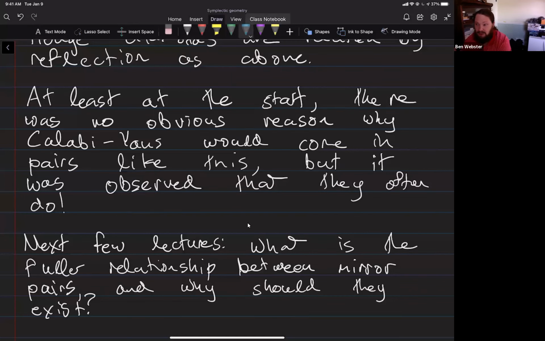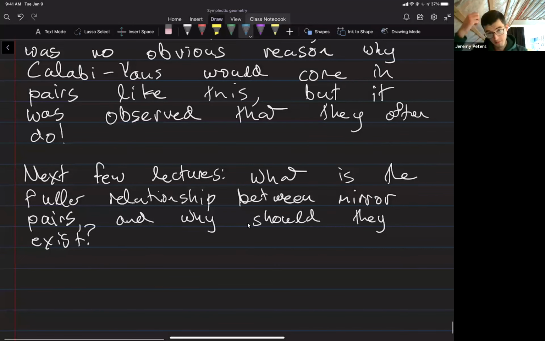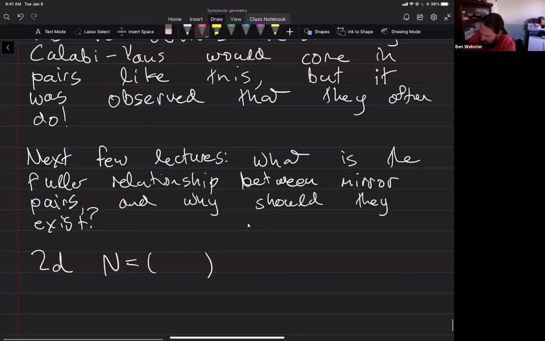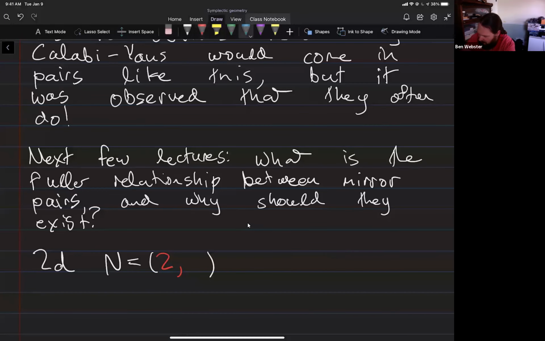But yeah, this is all about, in the physics term, 2D N=(2,2) theories, 2D theories with N=2 supersymmetry. I started enjoying writing this with a red 2 and a blue 2.